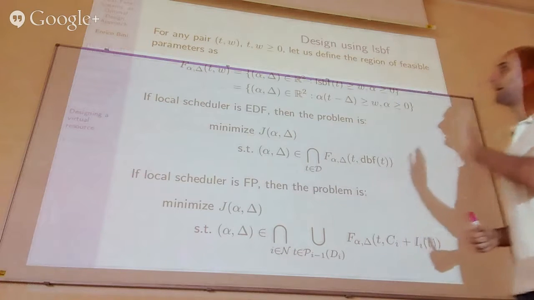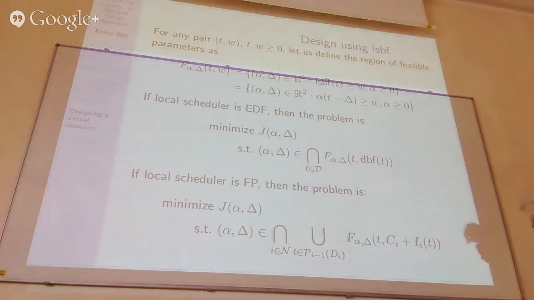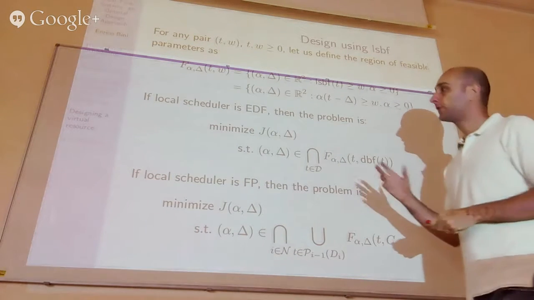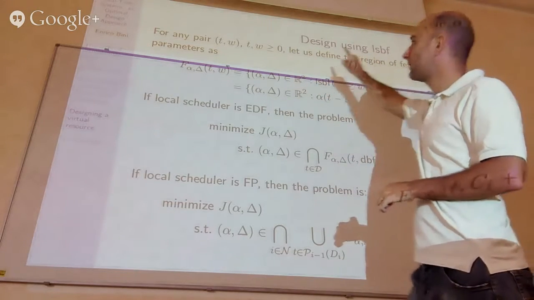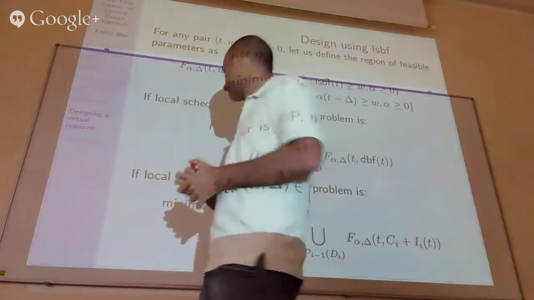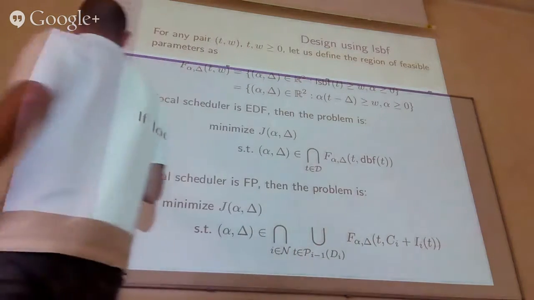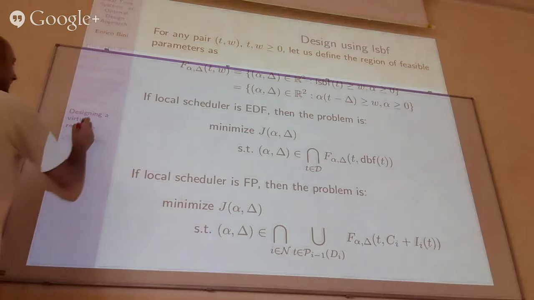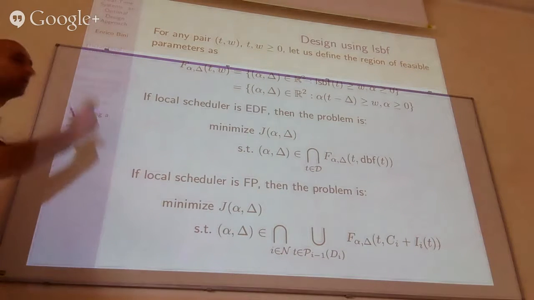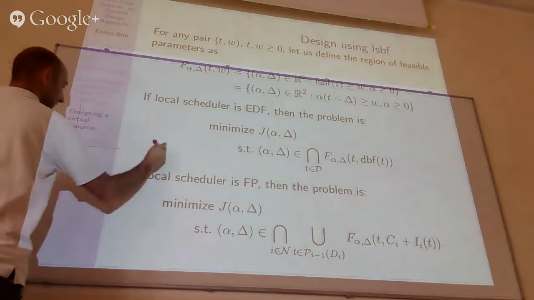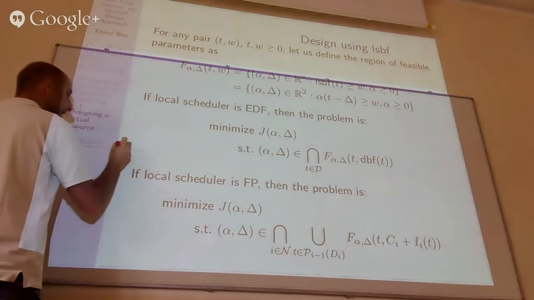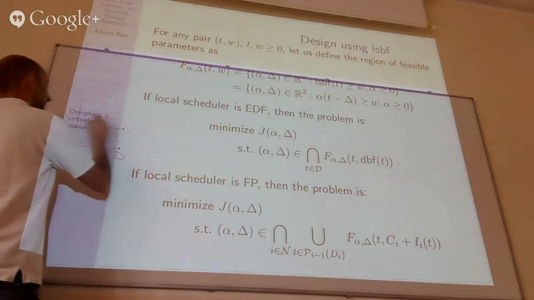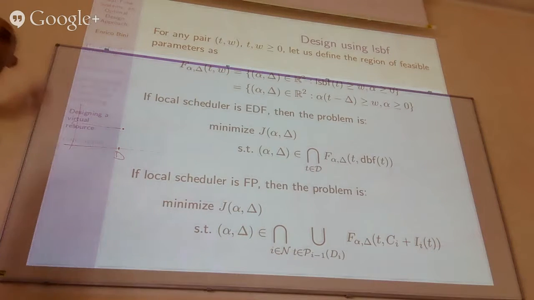Before doing that, I need this explanation. The design, for example, using the linear lower bound, is a bit simpler. Let me just make an example. Let's say I want to guarantee one task only. To guarantee one task, I just need that by its deadline D, it receives a computation time C. That's the only constraint I need for one task.